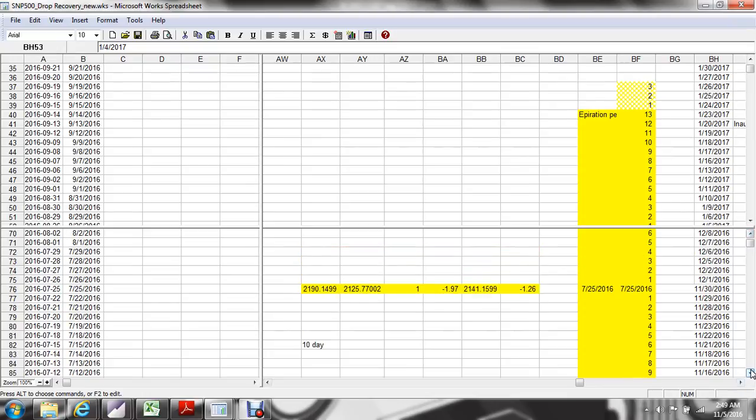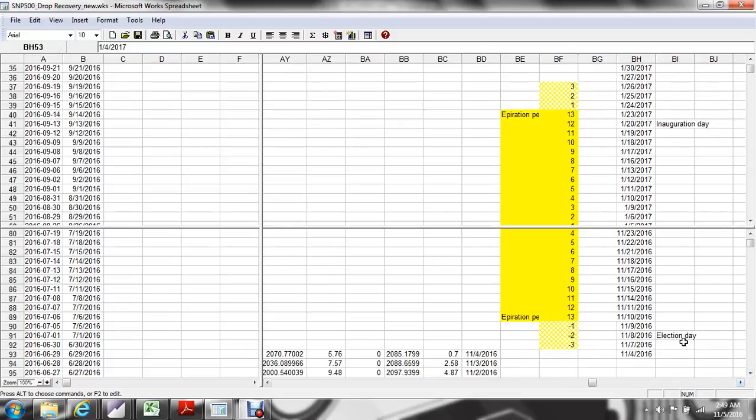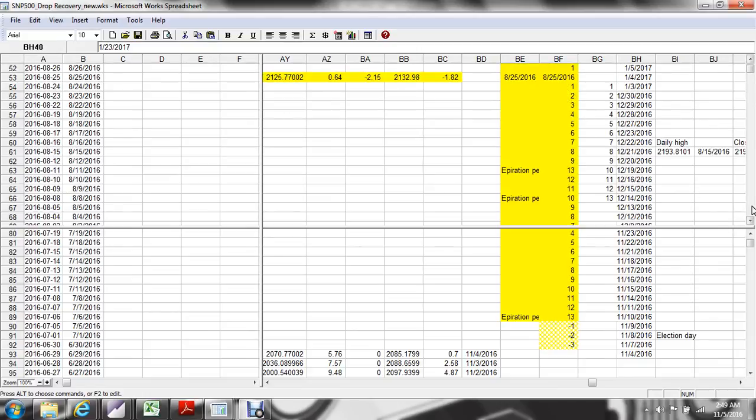We're also going to see these expiration periods come due right after elections, 2 days after elections. And what's kind of funny here is this one's going to end the day after inauguration, and they overlap.